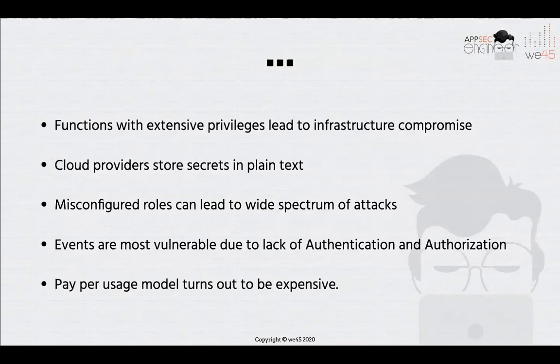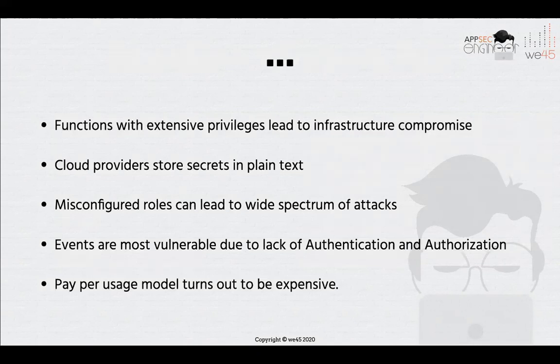And whatever environment variables we put into our serverless function are all stored in plain text. Most cloud providers store the secrets in plain text itself. They are not encrypted or encoded. They are just plain text. Some of the misconfigured roles, as I said, when a developer or whoever is deploying, will give a wide spectrum of attack surface for the attackers.